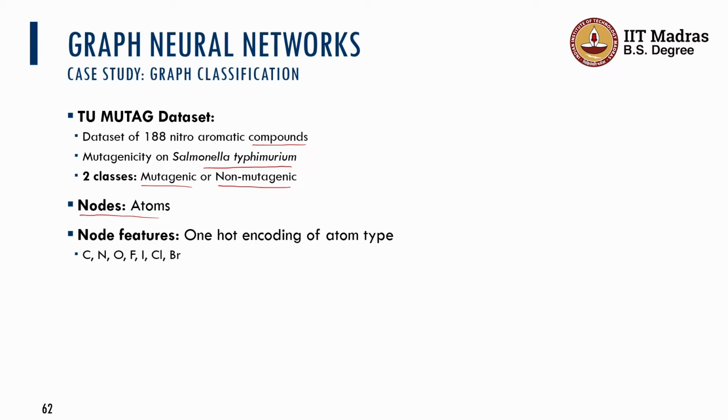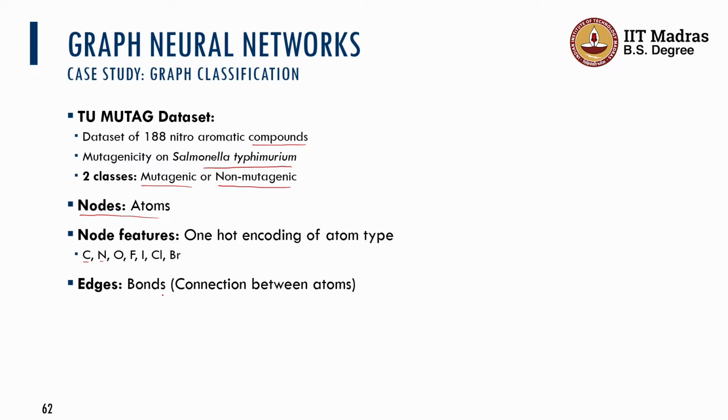Each atom has been allotted a feature vector through one hot encoding of that atom. So depending on the type of atom, it has one of C, N, O, F, I, Cl or Br as its feature.